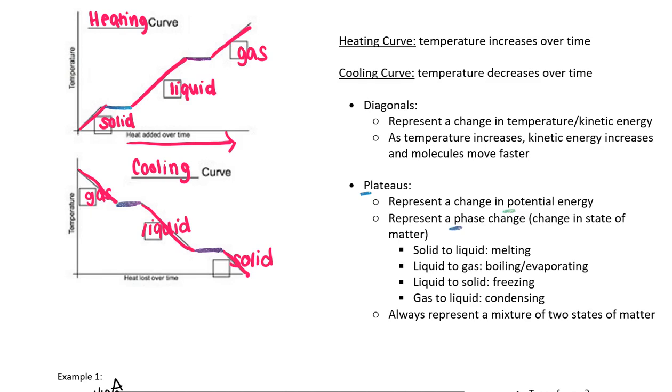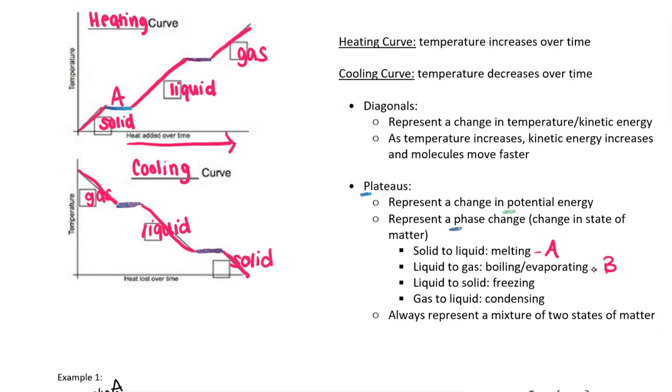If we are changing from a solid to a liquid, we call that melting. I'm going to call this segment A. So the substance is melting when it's changing from a solid to a liquid. When it's going from a liquid to a gas, we can either say that it's boiling or evaporating. So segment B is going to represent boiling or evaporating.